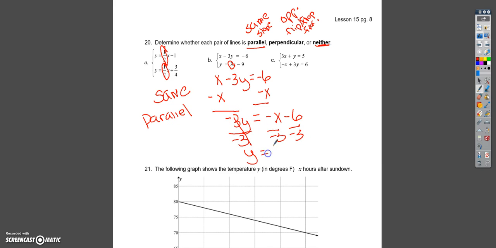We get y equals 1 over 3 x plus 2. So we look here. One slope is 3, and one slope is 1/3. So they are flip-flop fractions, but they are not opposite signs. So it would be neither.